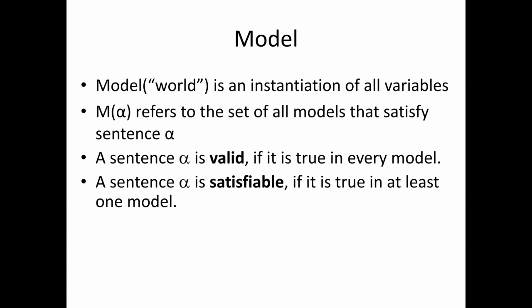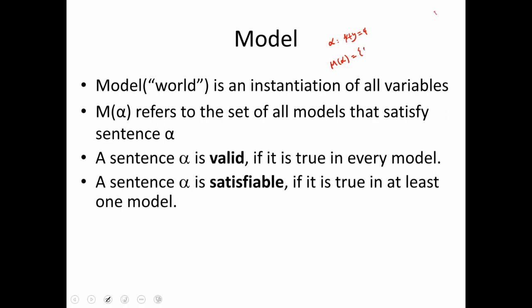And then M of alpha refers to the set of all models or all worlds that satisfy the sentence alpha. Suppose alpha is x plus y is 4, then M of alpha would be basically the set of all instantiations of x and y such that x plus y is 4.